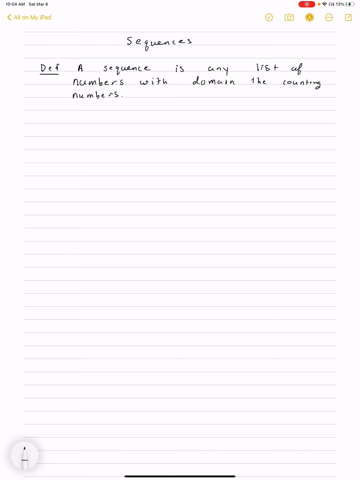Okay, and the domain doesn't have to strictly be the counting numbers. There's variants of that, but it's equivalent.